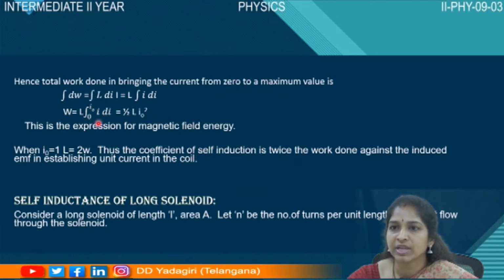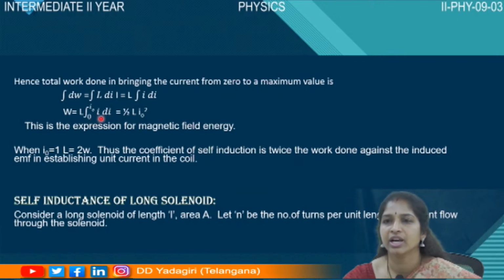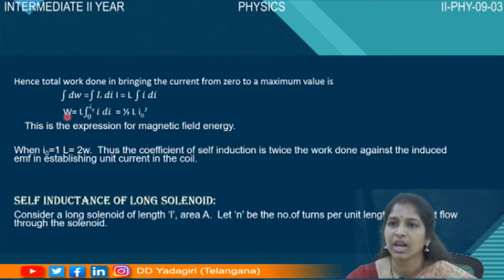But we also have to substitute the limits. First, substitute the upper limit: in place of I, we get I naught square by 2. If I substitute the lower limit 0, that is anyhow 0. So the total amount of work done is L times I square by 2, that means 1 by 2 L I naught square.